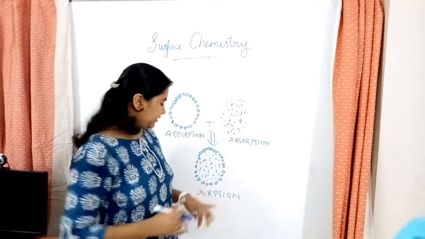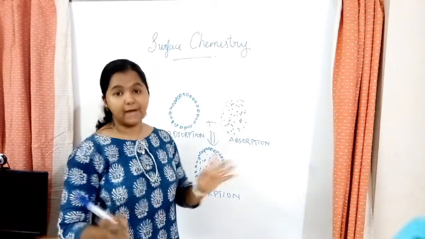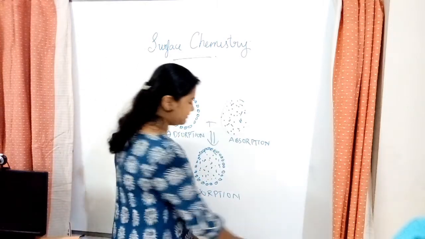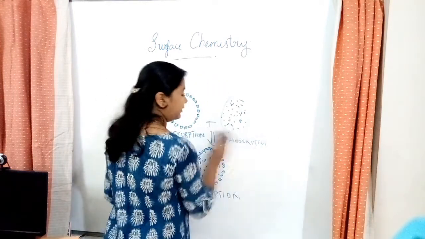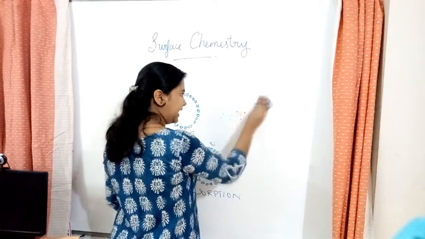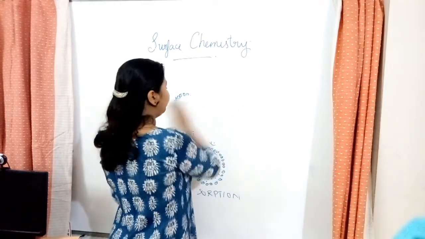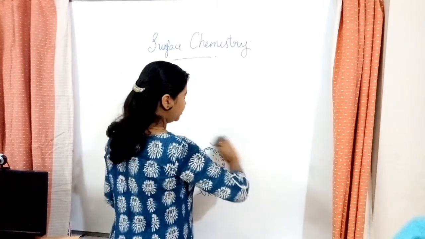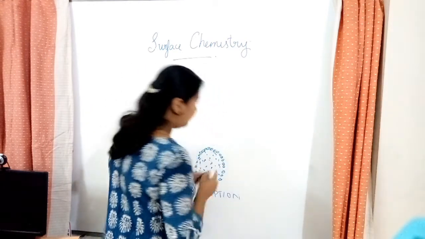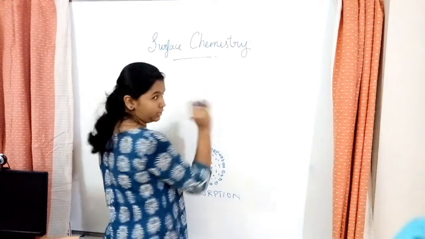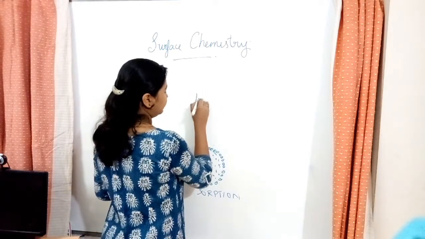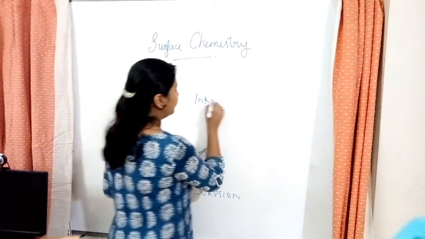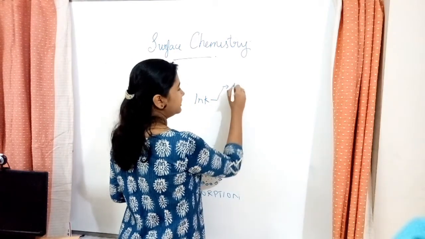Earlier, I gave an example for adsorption: chalk and dye. Now we have to take the case of sorption with the same example, chalk and dye. Before, I didn't mention sorption because we didn't learn about it.